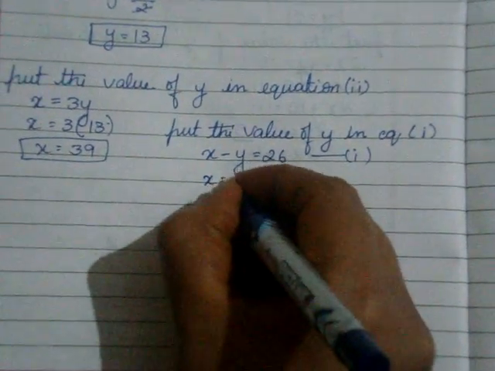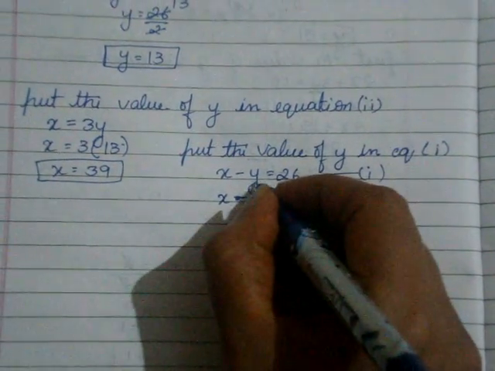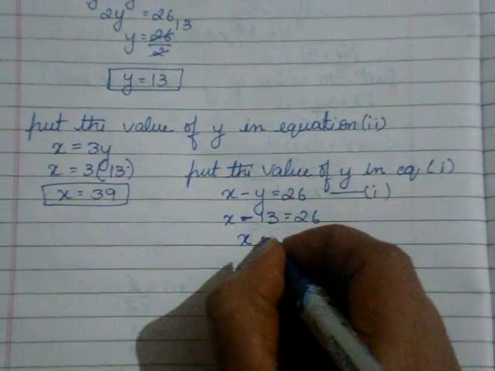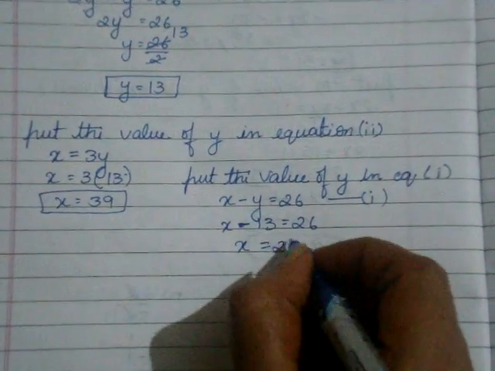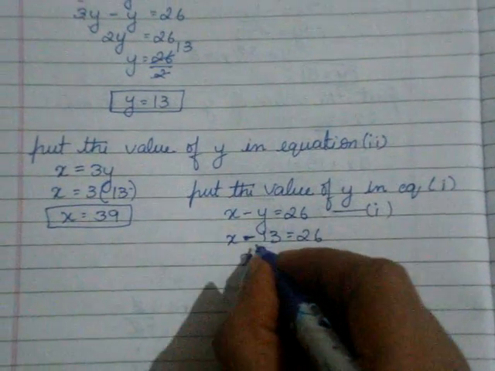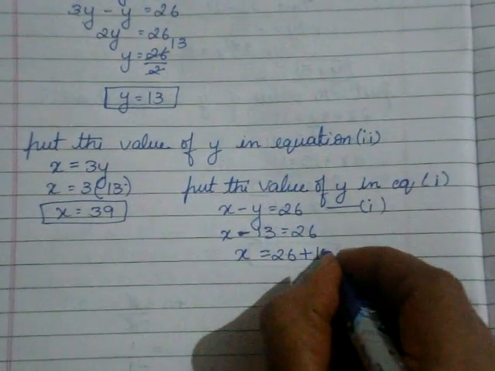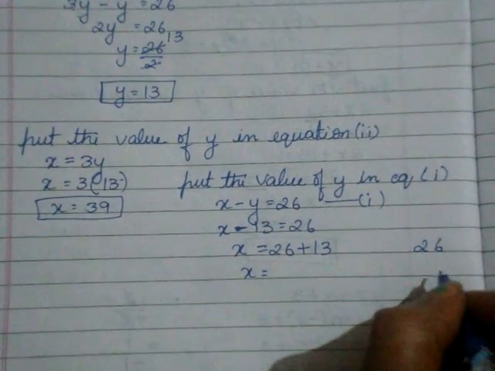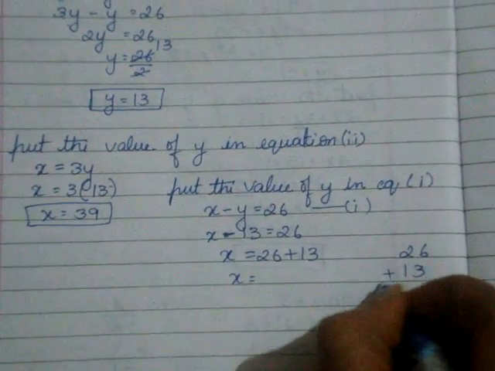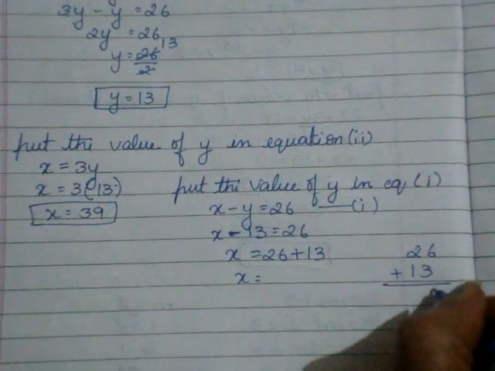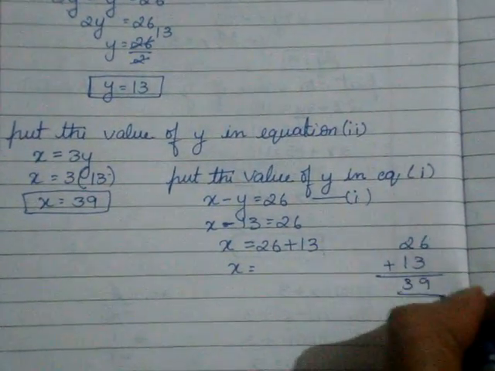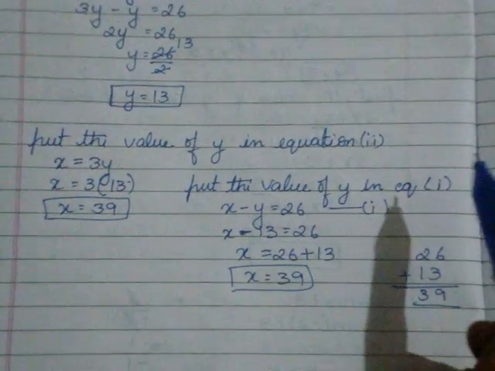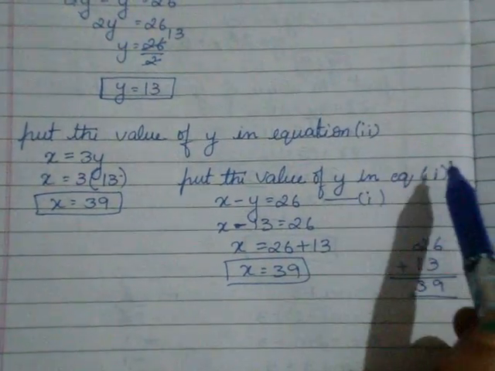You are going to replace the y value here: x minus 13 equals 26. x equals 26. If 13 crosses the border, then the minus sign will change to plus 13. x equals 39. Very good. 6 plus 3 is 9, 2 plus 1 is 3. What we got? 39.